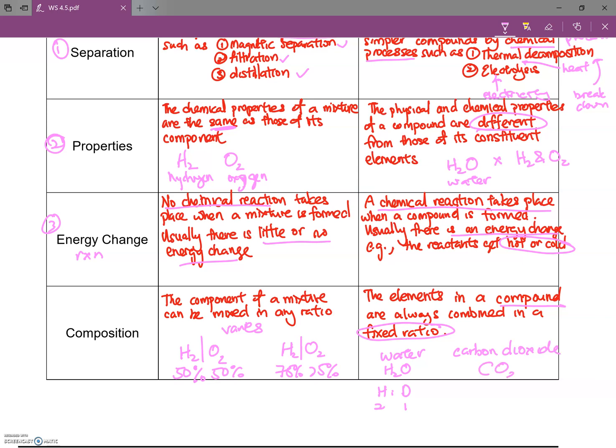We know that it is CO2. To form carbon dioxide, how many carbon and how many oxygen do we need? We need 1 carbon with 2 oxygen. Any more oxygen or any more carbon, it will no longer be carbon dioxide. It will be a different compound or a mixture. So there are 4 main differences when we are comparing mixtures and compounds.